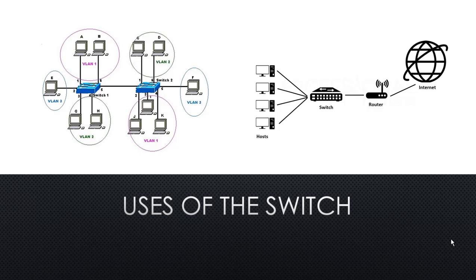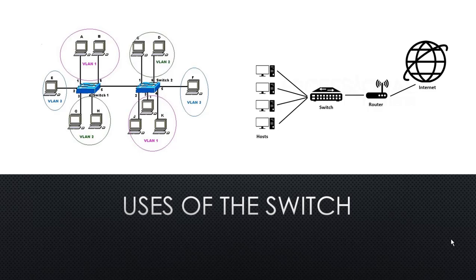The basic function of the switch is to join or connect devices on a network. It's important to be clear that a switch doesn't provide connectivity with other networks by itself, and obviously it doesn't provide connectivity to the internet either. For this you need a router, but the switch can be used for different purposes.